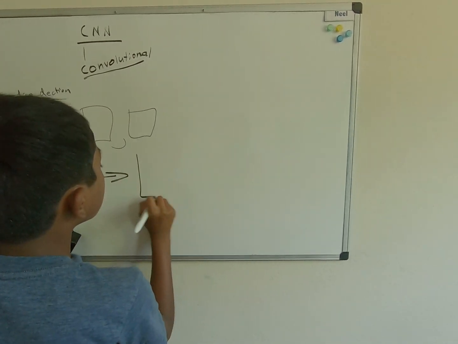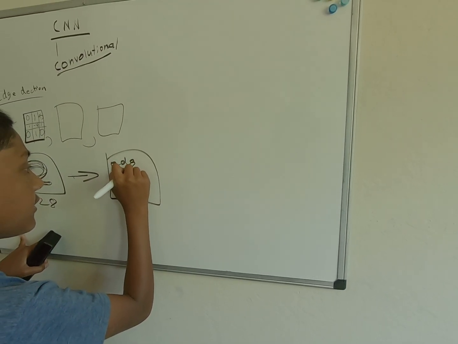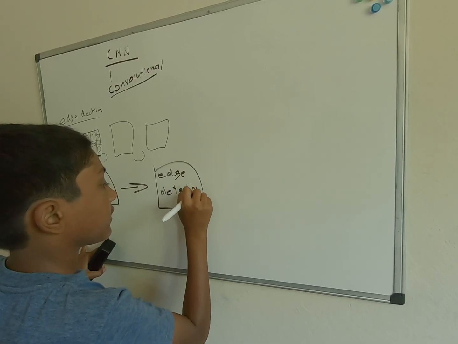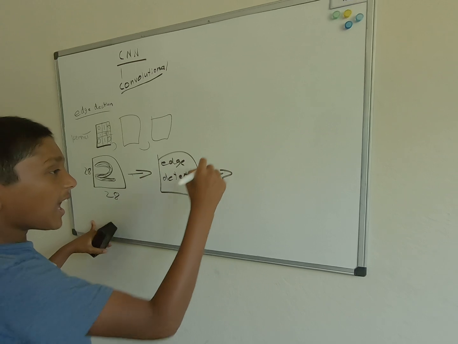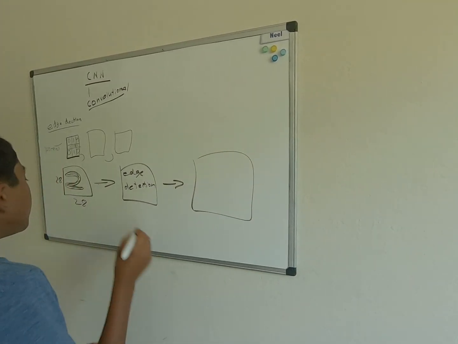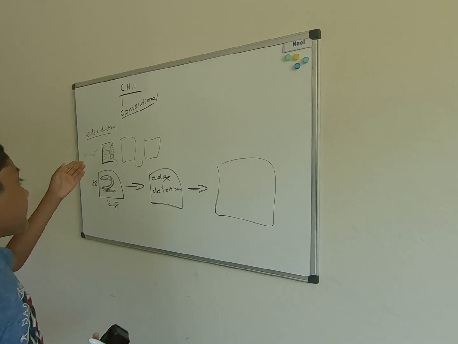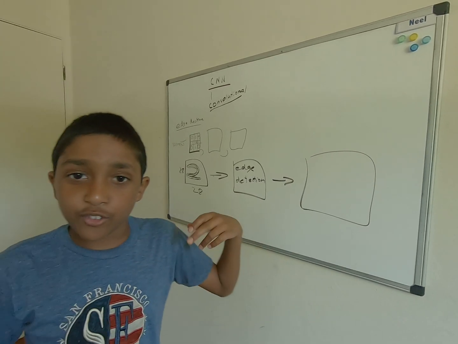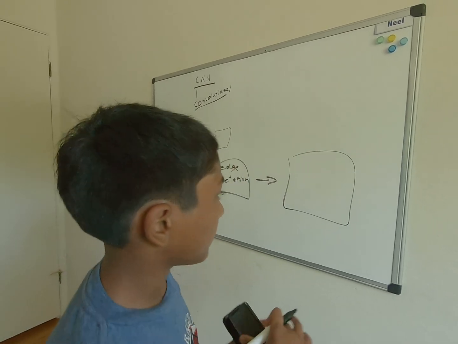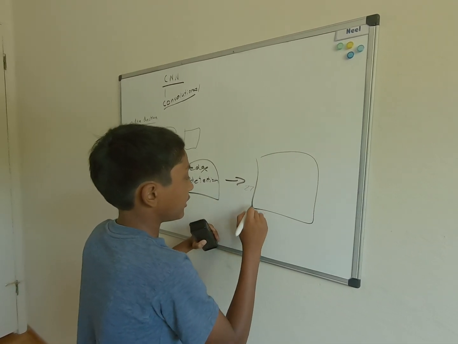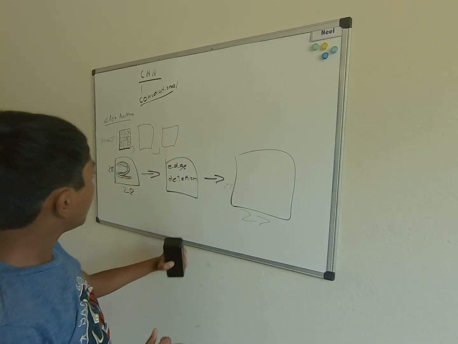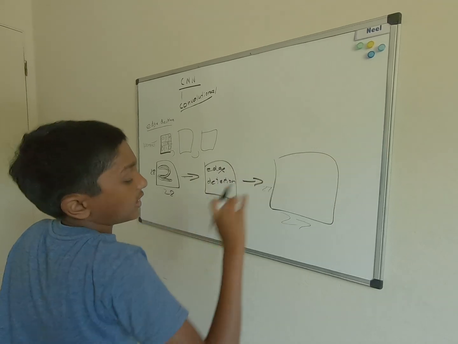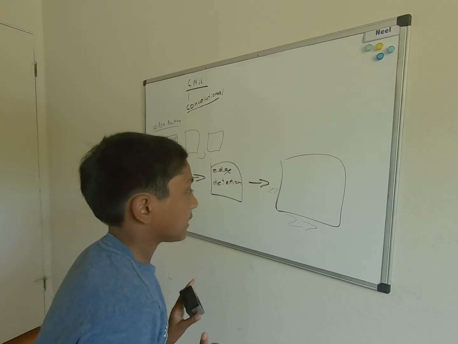If you put this through your edge detection, and you're using the 3 by 3 kernel, your stride is 1, and you have no padding, which is the default, you'll get a 27 by 27, because of how the kernel moves.